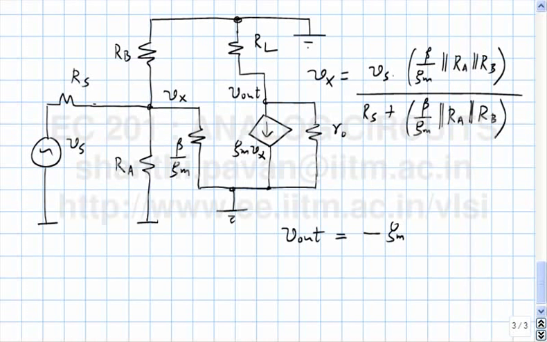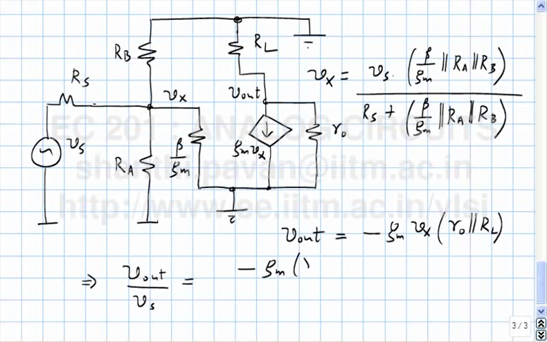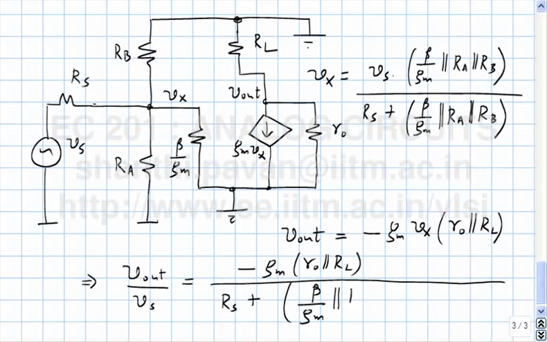Minus GM Vx times RO parallel RL, which means that the incremental gain V out by Vs is of the form minus GM RO parallel RL divided by RS plus beta by GM parallel RA parallel RB, times beta by GM parallel RA parallel RB. Does it make sense?